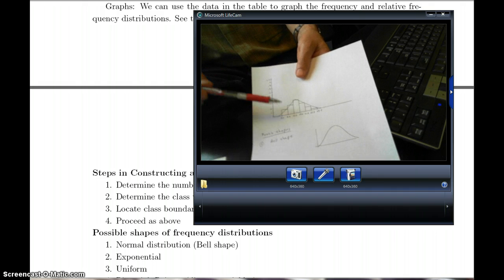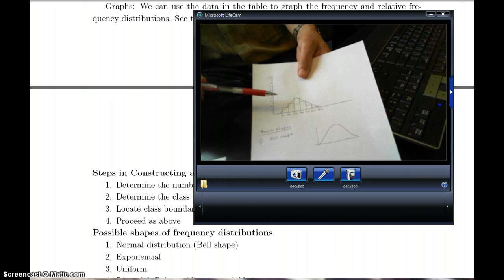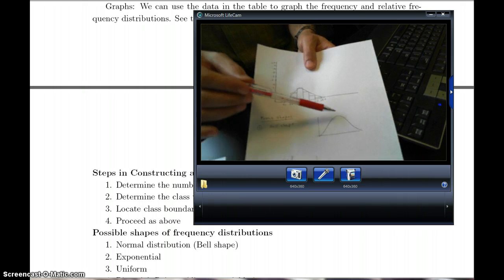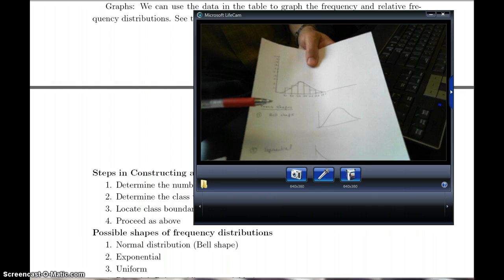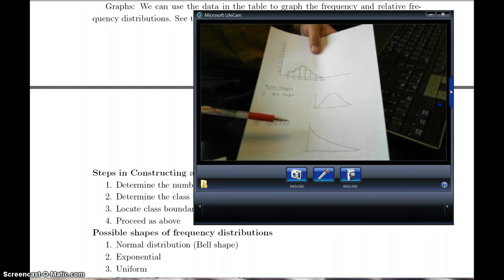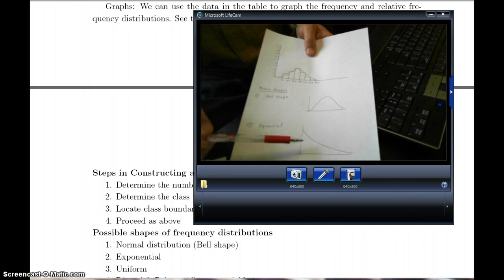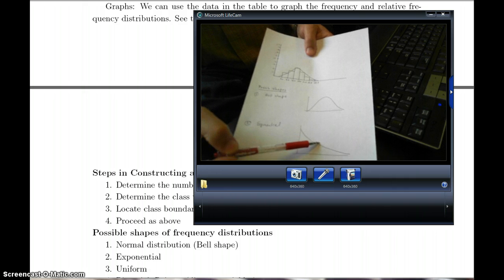So the possible shapes, once you graph your data, would be something like this. One possible shape is the bell shape. Another possible shape is this, when you have data where your first class is very high, then the classes go down, and you have a shape that goes downward.